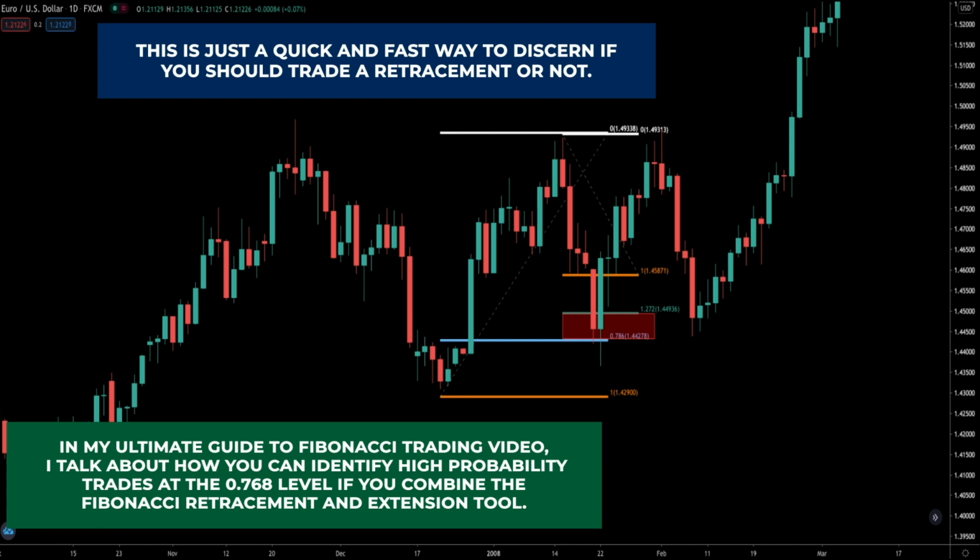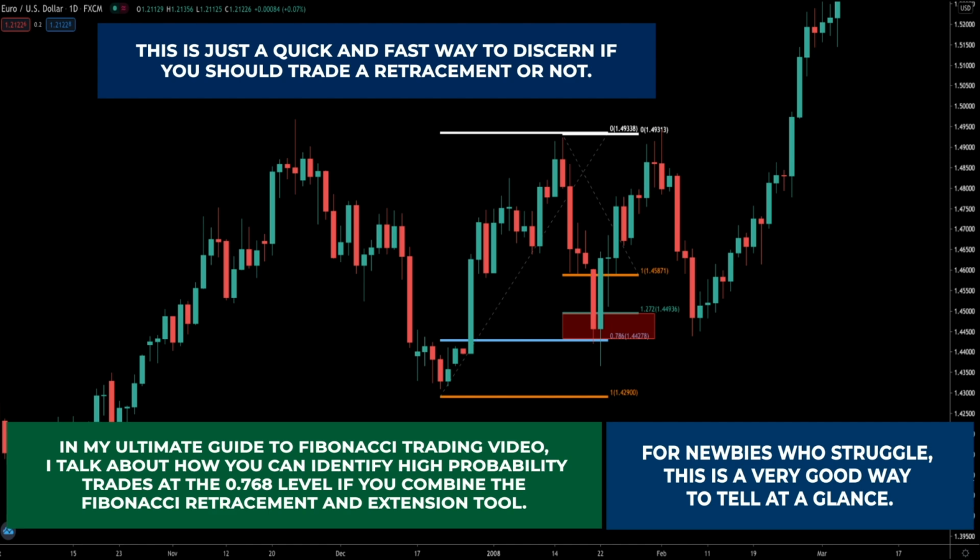So in a sense, this secret technique is not entirely foolproof. But hey, there's nothing in trading that works 100% of the time. And for newbie traders who struggle, this is a very good way to tell at a glance.